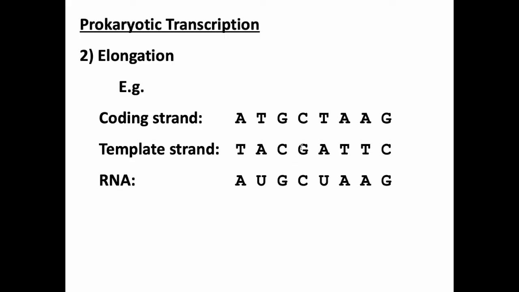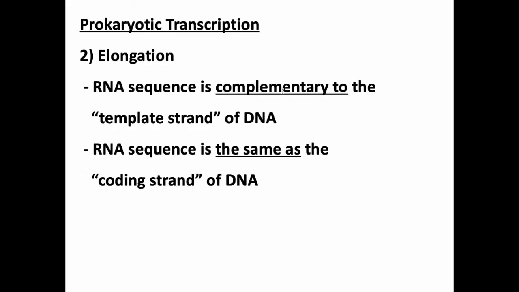C to G, G to C, A to U, T to A, T to A, C to G. This is what I mean when I say the RNA sequence that we build is complementary to the template strand of DNA.